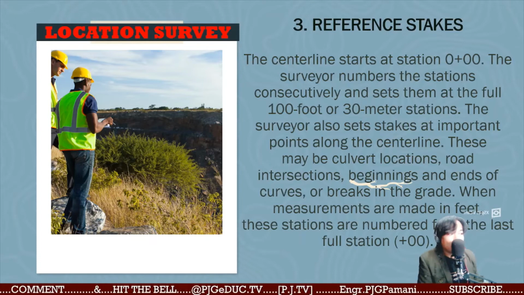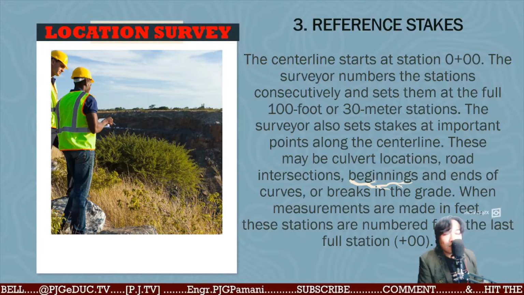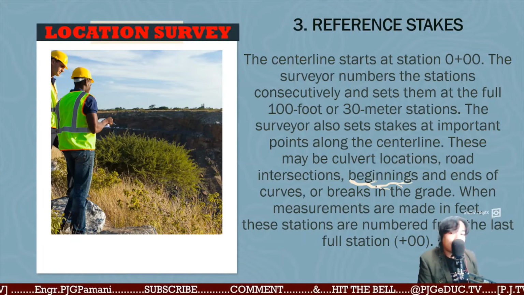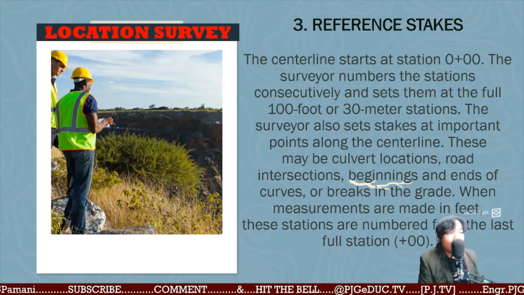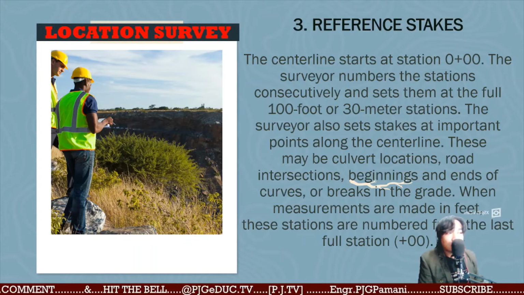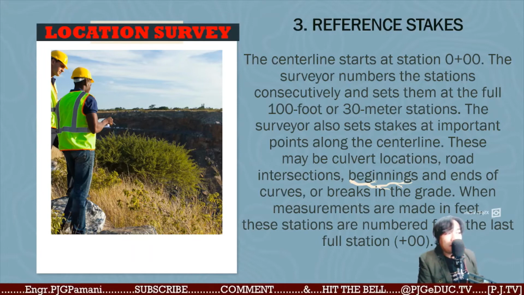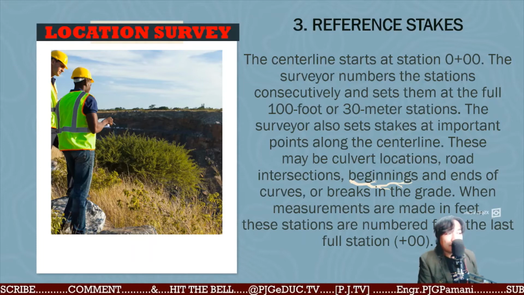So halimbawa, there is that specific location on our road build-up that we need to put a culvert or a drainage. Yun yung ating special marking or stationing marking. That point refers to either a culvert, a drainage section, or a fire hydrant, and so forth and so on.